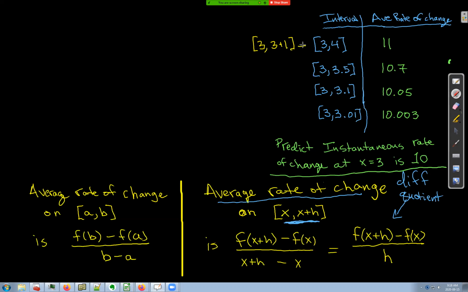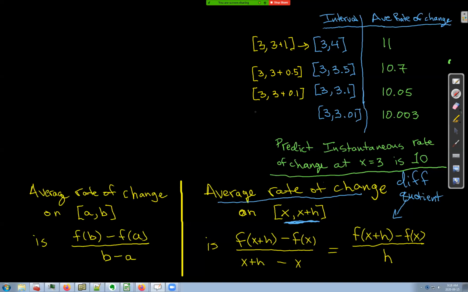And this interval I could think about as the interval from 3 to 3 plus 0.5. And this interval I could think about as the interval from 3 to 3 plus 0.1.